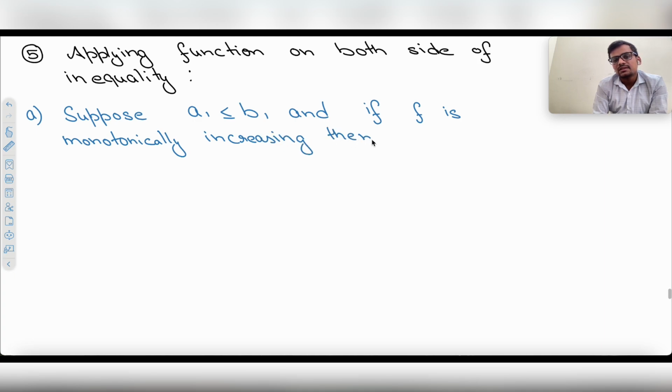Then if we apply the function, it will not change the inequality, that is f of a1 is less than equal to f of b1.